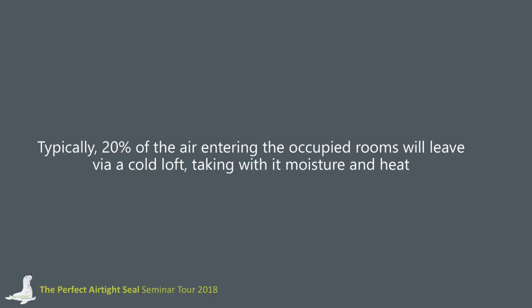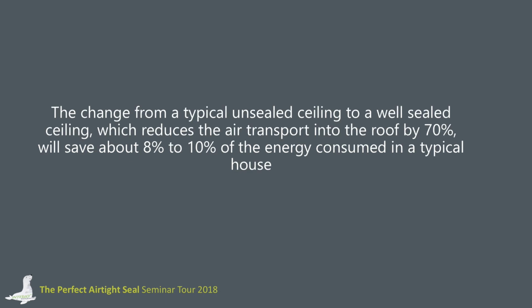And this is for a typical ceiling, and there are differences between ceilings. If you could change that typical ceiling to a well-sealed ceiling and cut down that air transport from the space below to the cold space above by around 70%, you can save 8 to 10% of the energy consumption for that typical house. So it's a very significant heat loss mechanism.